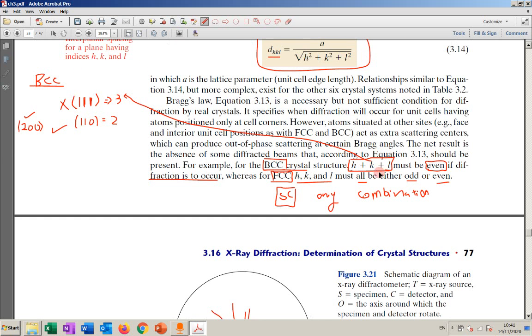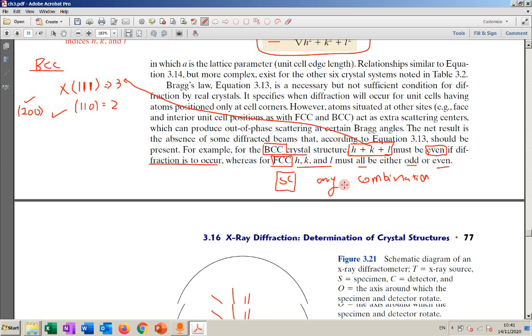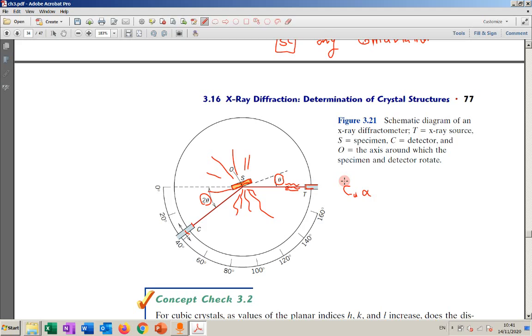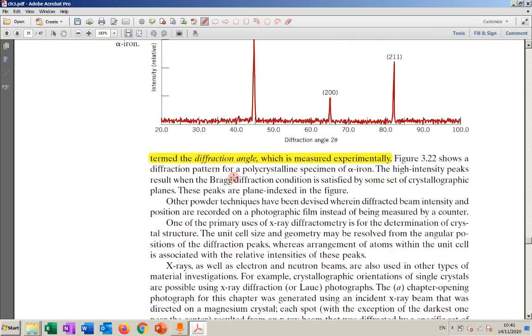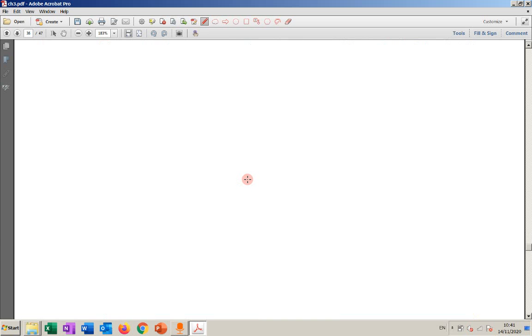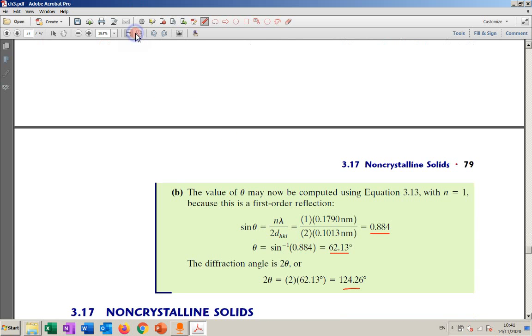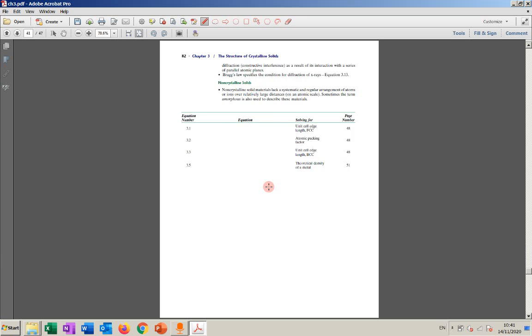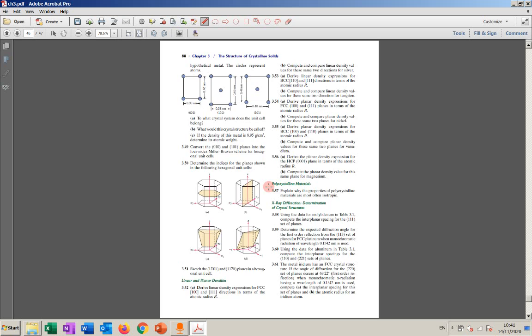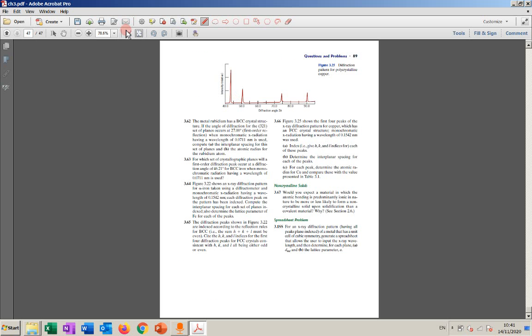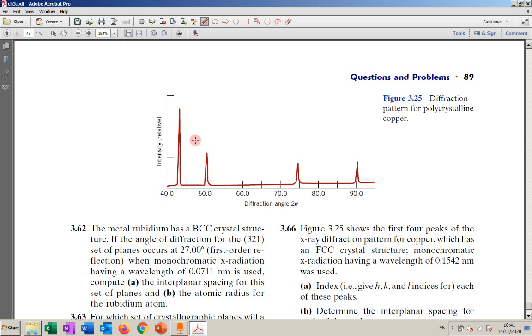Now, let's see how we're going to use this information. Let's go for this example to show it to you. Let's say I have a graph. How do I know which peak is the first one, the second one, the third one, the fourth one?